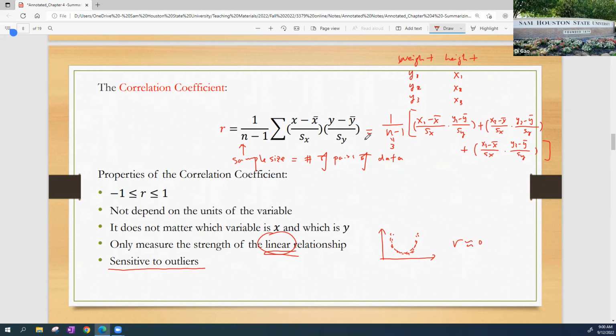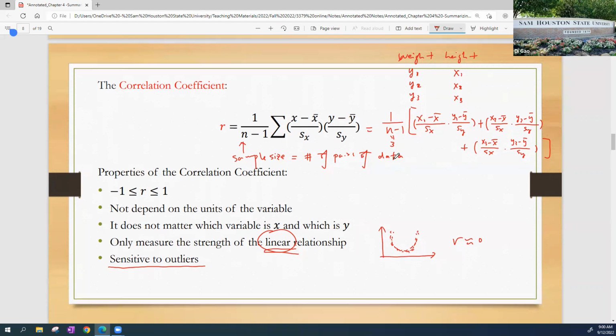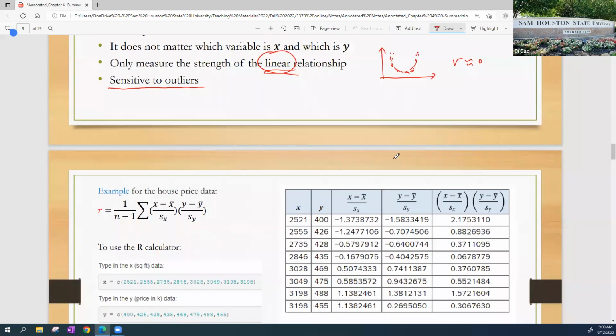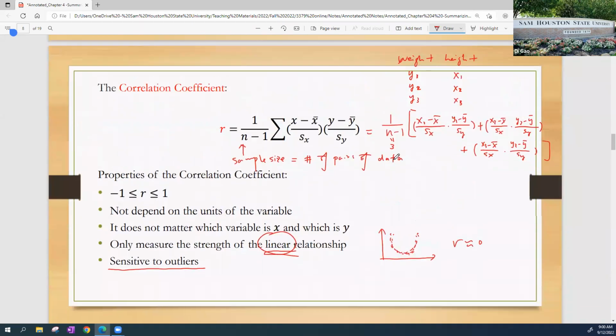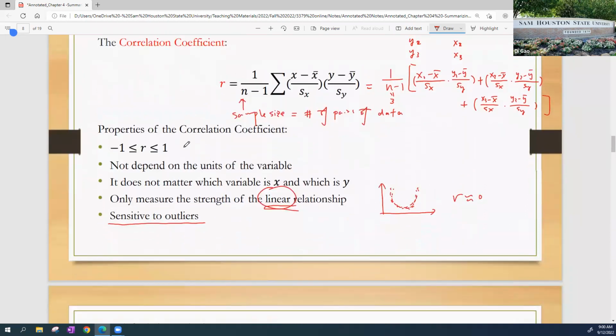Those are the important properties for the correlation coefficient. And one more thing here: the larger the absolute value of R is, the stronger the linear relationship and linear association. And when R equals 0, that means almost no linear association.